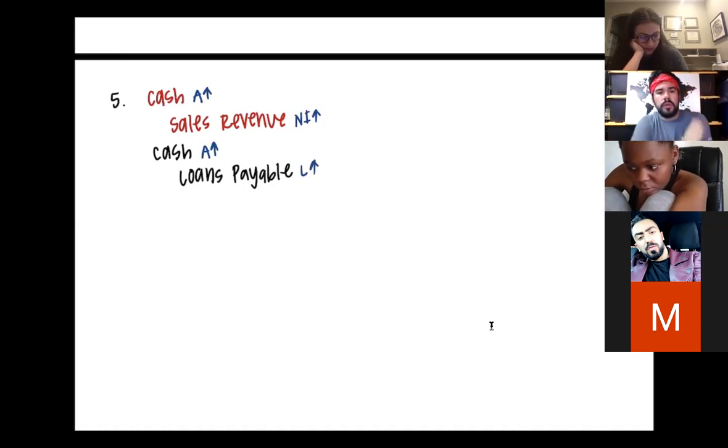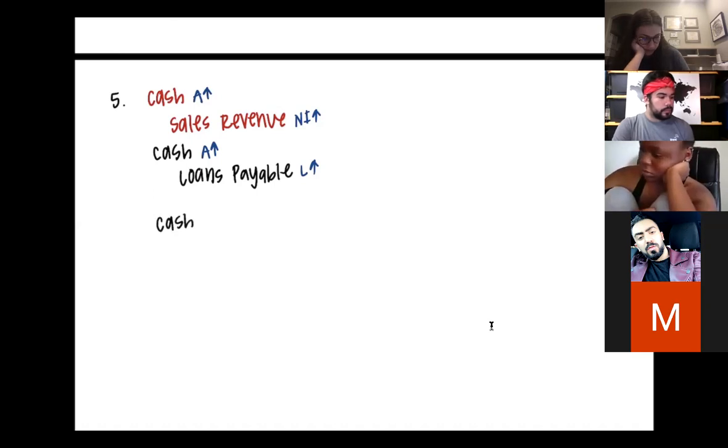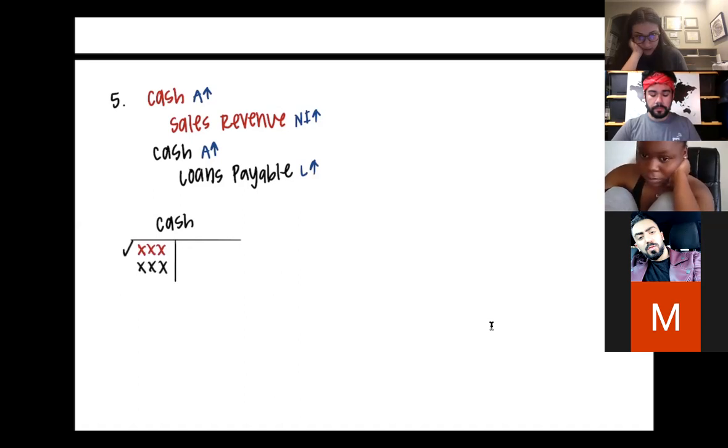So let's do this in a T-chart. So cash. Let me know if I'm doing the T-charts the right way, because I don't usually do them like this.